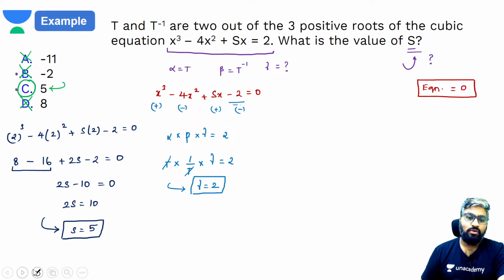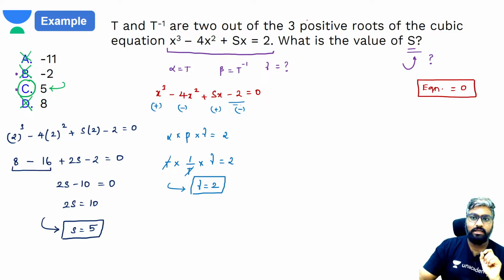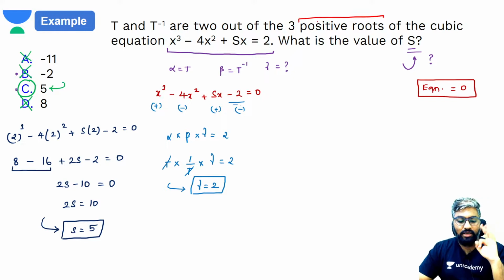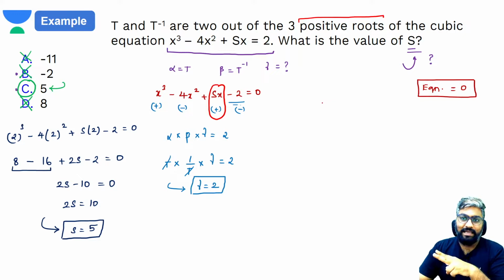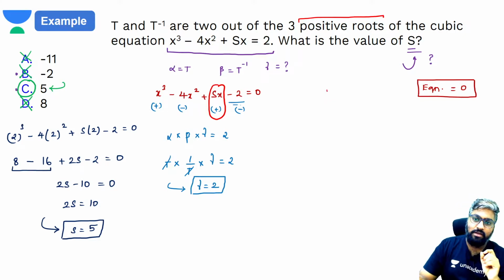Yes. You can also eliminate the answer choices by using a little bit of logic. Look at this: 3 positive roots. What will be the sign of S? S is positive. So taking 2 at a time, if you add, the value of S should be positive, correct?